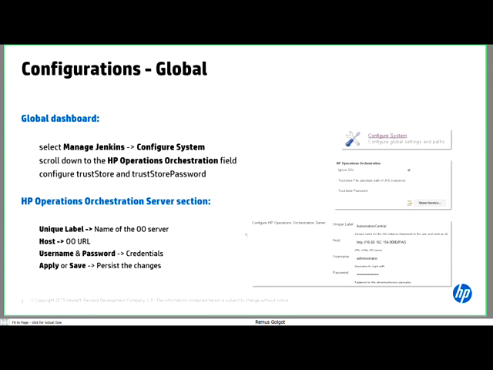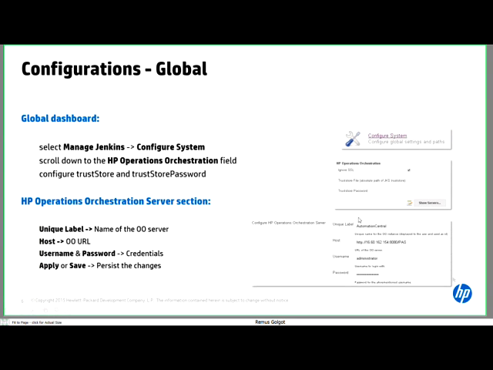You only need to specify a label for that particular Central, the URI, which comprises the protocol, the IP or the host name, the port, and the /PAS extension. In addition, provide credentials if they are required, if you have authentication on that Central. So this is the way you specify the Central instances that are targets for the plugin.